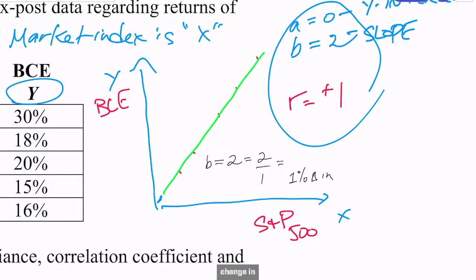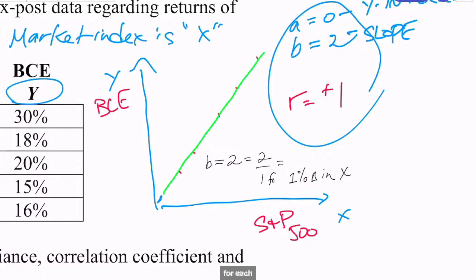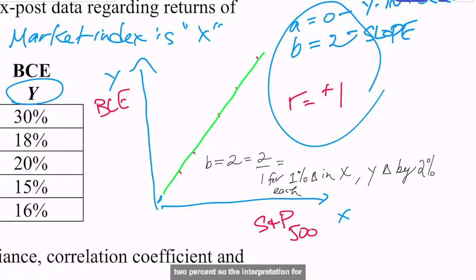So for each 1% change in x, y changes by 2%.